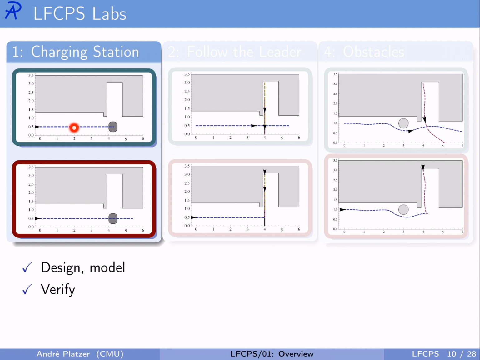Maybe stopping here would be a bad thing to do, but it's even more important for safety reasons that the robot stops at the charging station and doesn't continue to move on, which, for example, would be a very bad idea if there would be an obstacle right after. In this lab, you will first design a controller, design a model of the physics, and then verify that your controller is indeed working safely and correctly for the purposes of this model.